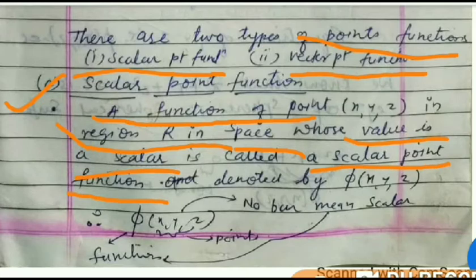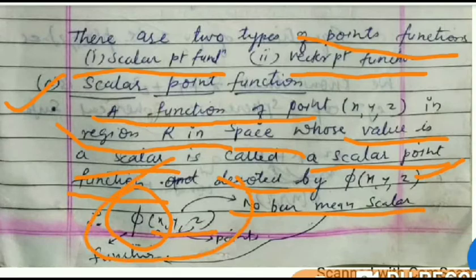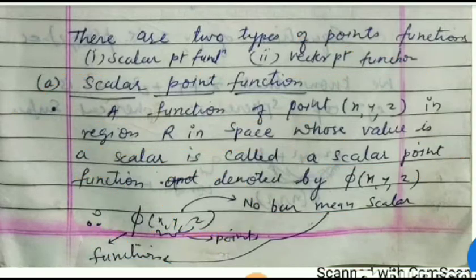It is denoted by phi of xyz. Here phi is a function, xyz is the point, and no bar means scalar. Therefore phi of xyz is a scalar point function.